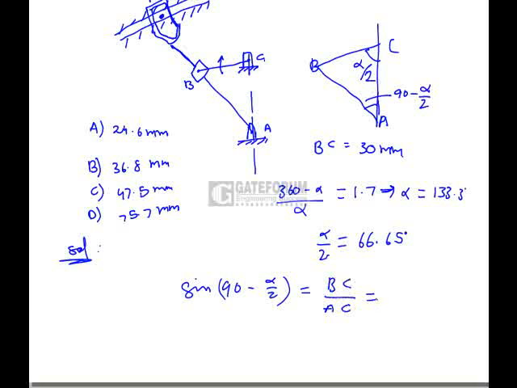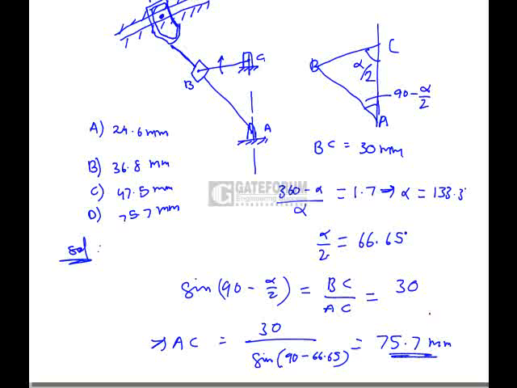And we know that BC is 30. Now from this equation AC is equal to 30 by sin(90 minus 66.65), which gives a value of 75.7 mm. So this is the dimension of AC, and in the options the right option is D. D is the right answer.